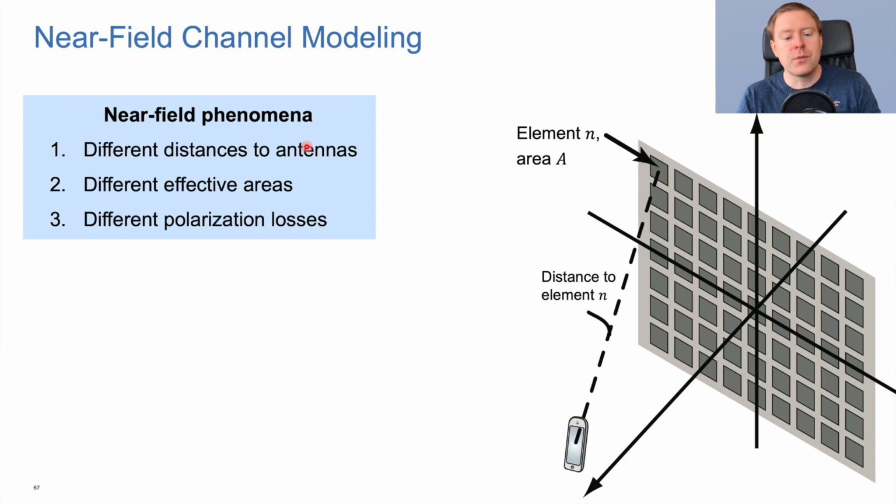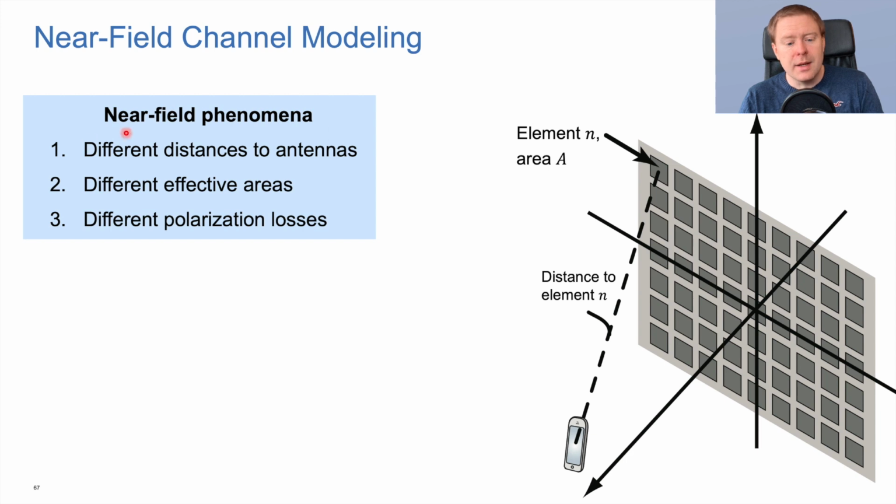And this is created by 3 different near field phenomena. The first thing is that even if you have one distance to the center of the array, the distance to the different elements in the array will be different, and we cannot approximate them as being roughly the same.